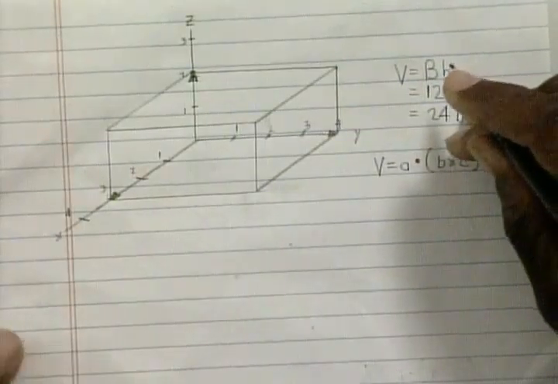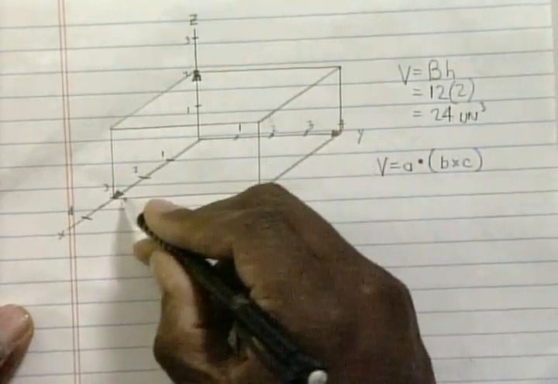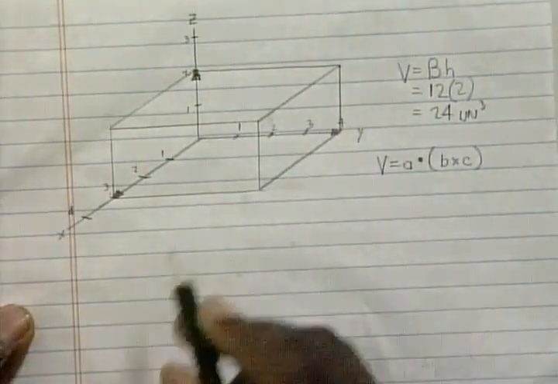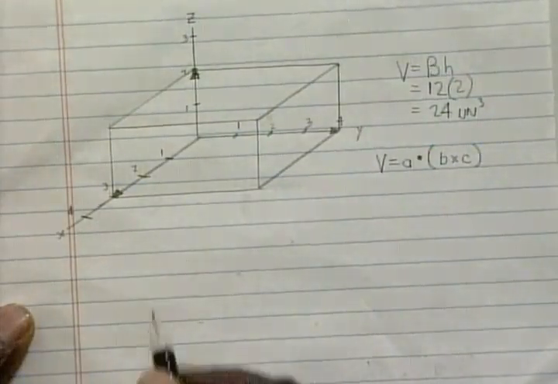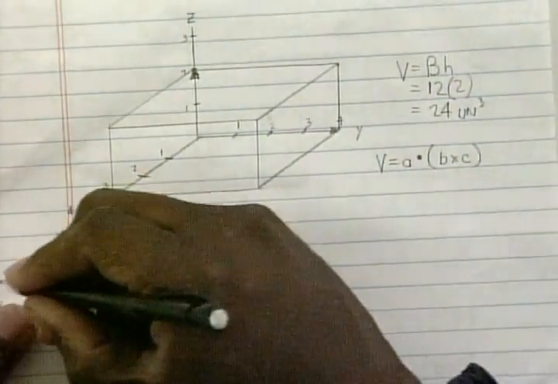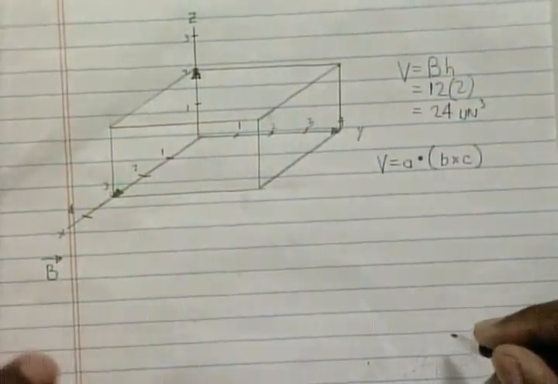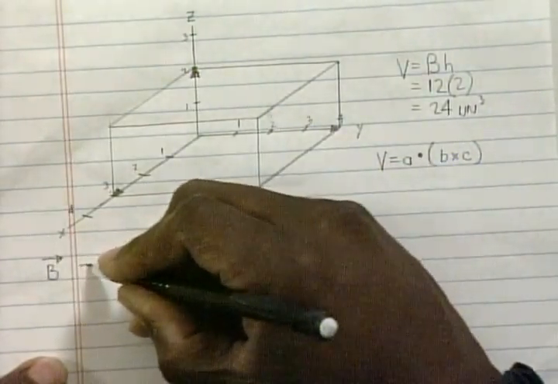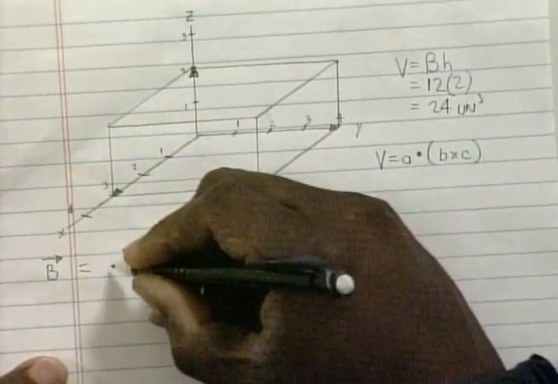Let's call this vector A. That's why I've got this arrow here. Let's call this vector B, this vector right here. This is an x-axis, so this vector is going 3 in the x direction.